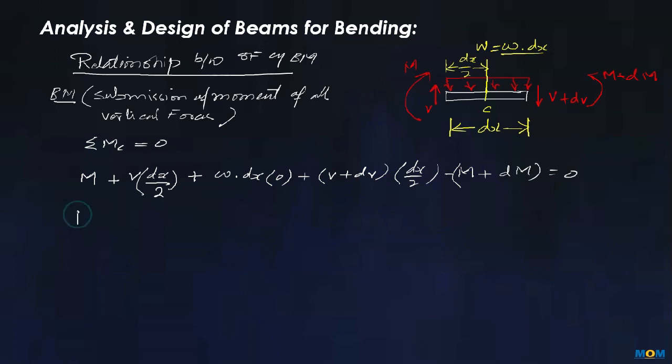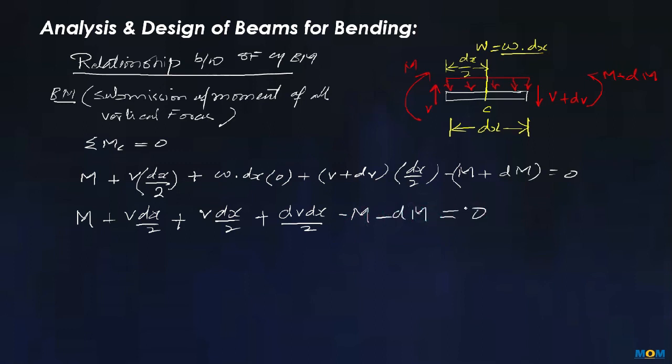After opening the brackets we have V dx upon 2, so this is 0, so V dx upon 2 with this multiplication, and then we have plus V dx upon 2 plus dV dx upon 2 minus M minus dM is equal to 0.